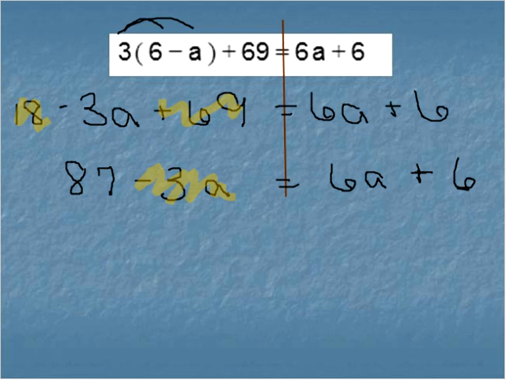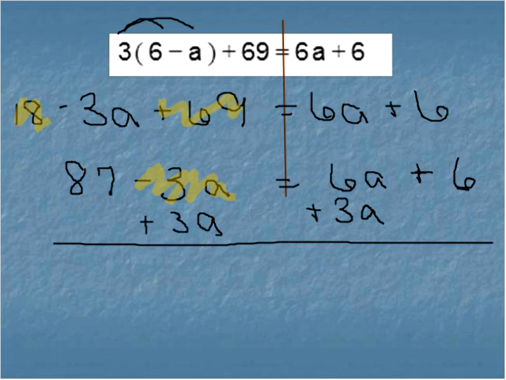So the opposite of minus 3a is a plus 3a. Let's add 3a to both sides, and that is an a, not a 9. Okay. So adding 3a to both sides gives me 87 equals 9a, since 6a plus 3a is 9a, plus 6.